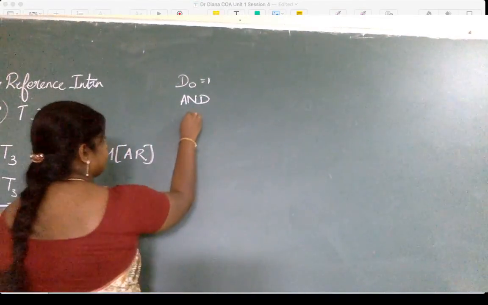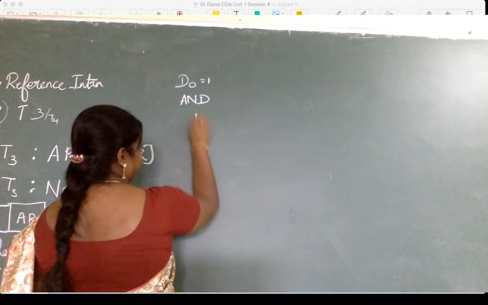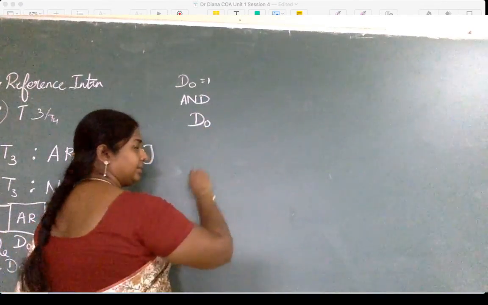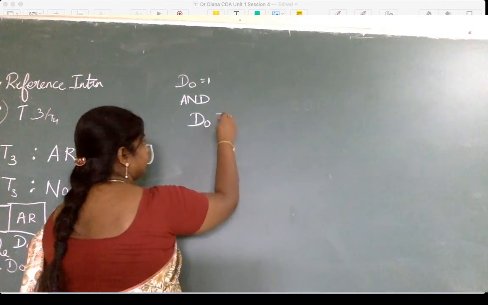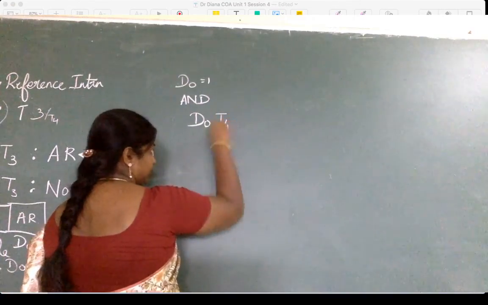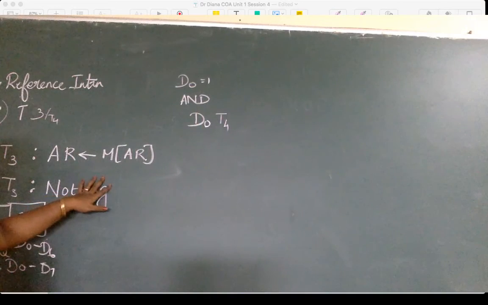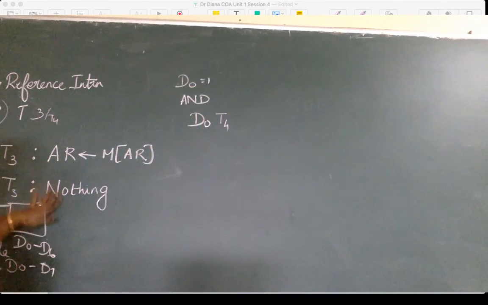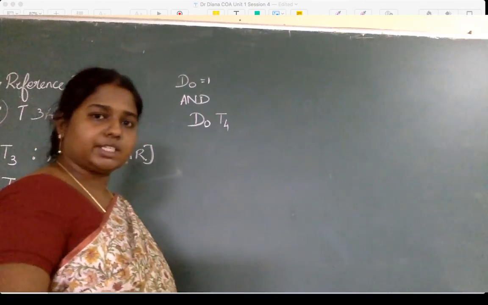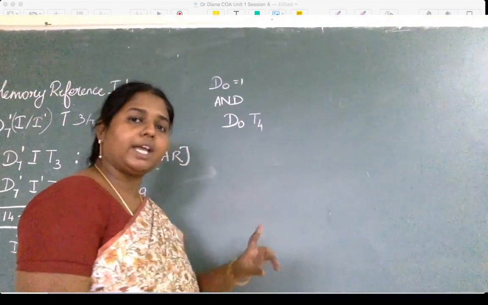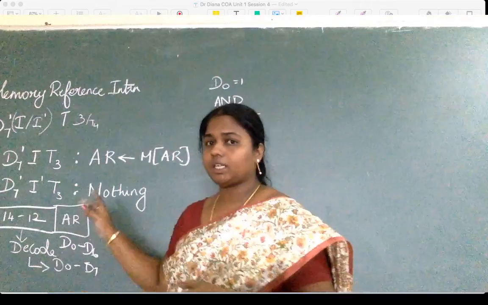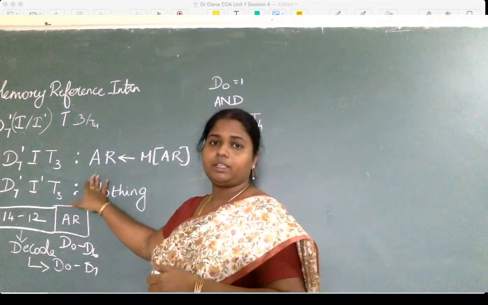So at the time cycle when D0 is 1, and at time cycle T4, because T3 is already complete. Whether it is a direct access or an indirect access, I have the address now ready in the address register. Even for indirect addressing, I have brought that address into the address register.